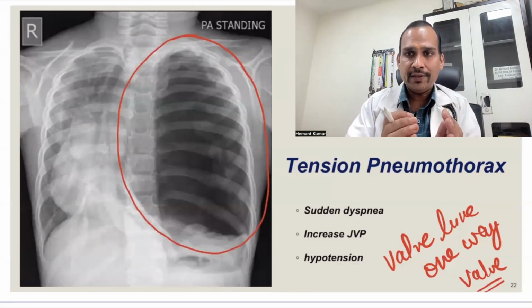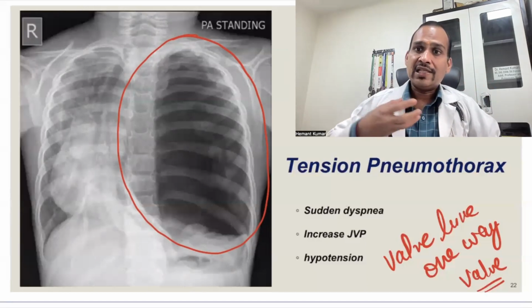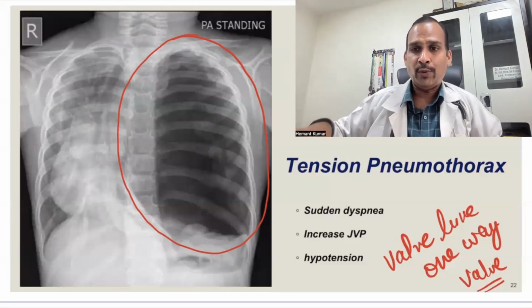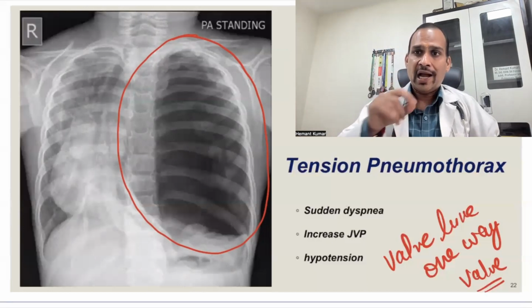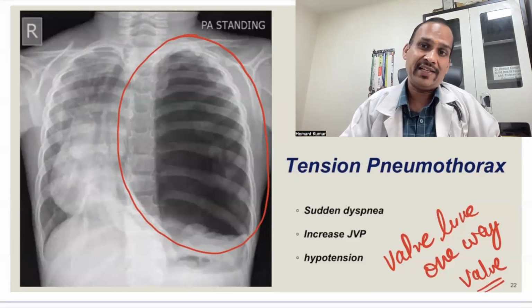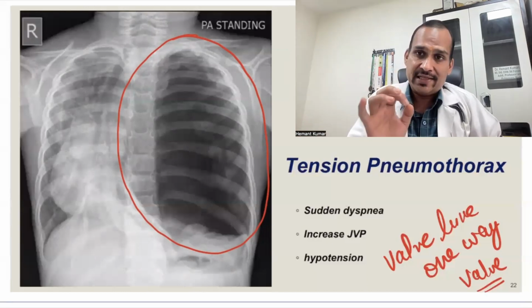The heart is not pumping. Then the JVP will rise. There will be hypoperfusion of all body organs. BP will go down, hypotension. The patient will end up in shock and will expire in front of your eyes. So this is a medical emergency.